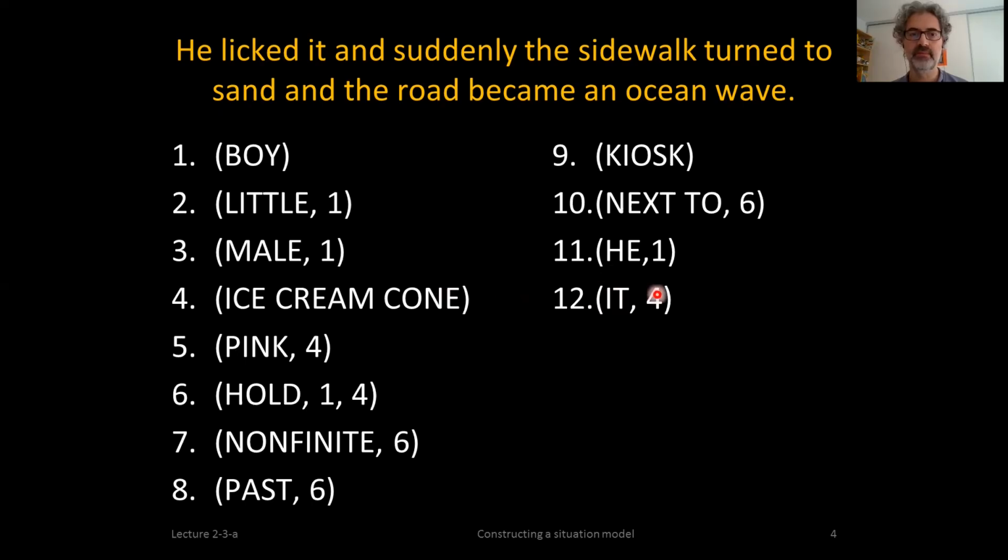We could have resolved it to the kiosk. Now, the question is, where should we resolve? There are syntactical cues, and these are the only ones I'm taking into account now. And the idea is that whatever was the object in the first sentence will carry on in being the object in the second one. This is a syntactic cue.